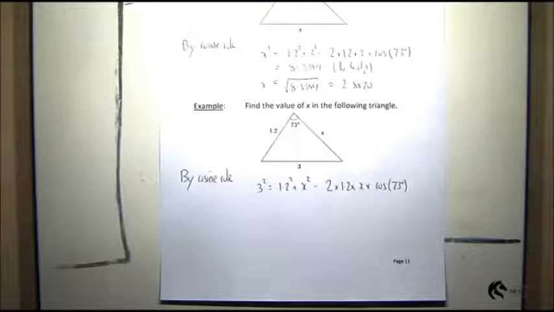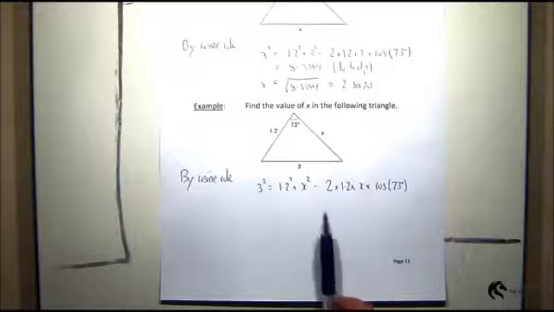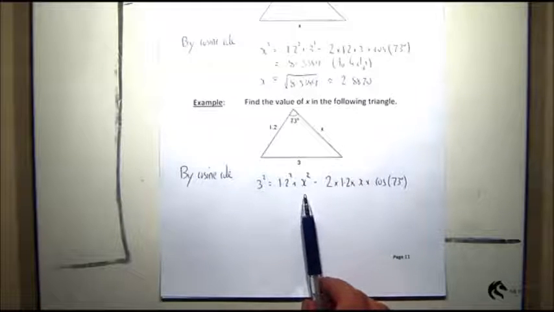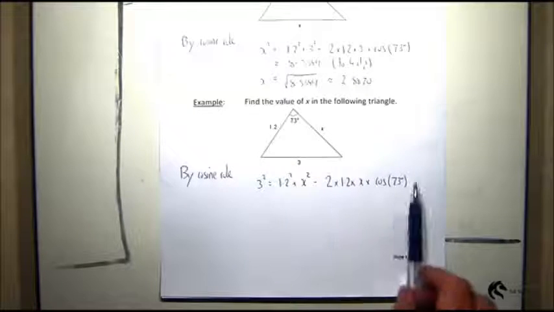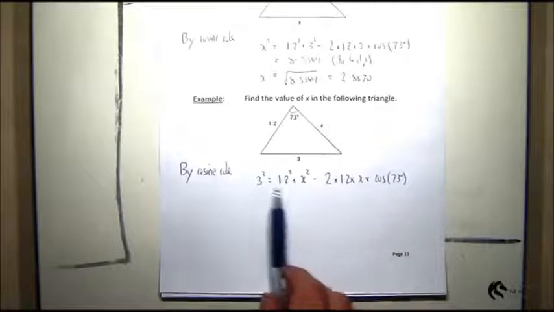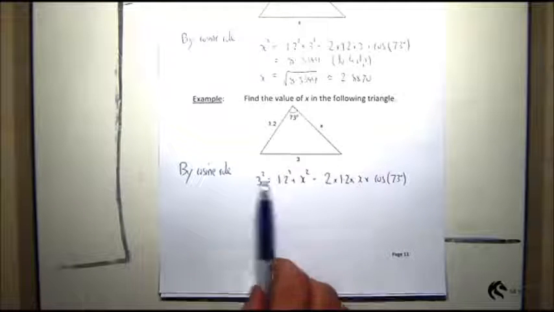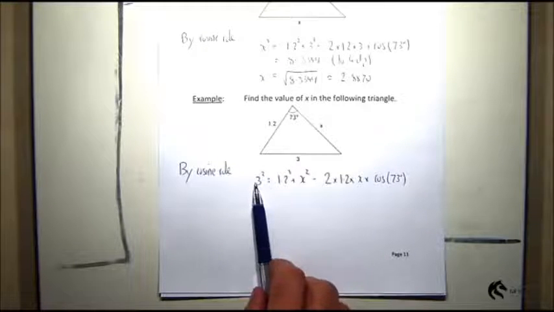And so what I have here is a quadratic equation in x now. I've got x squared, I've got this number here involving x, and then I've got this term over here being the constants.